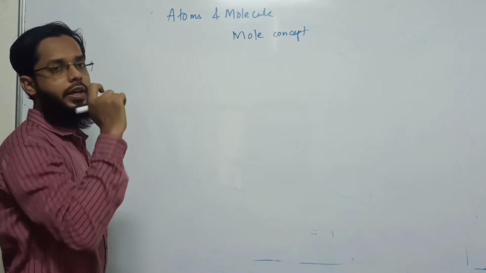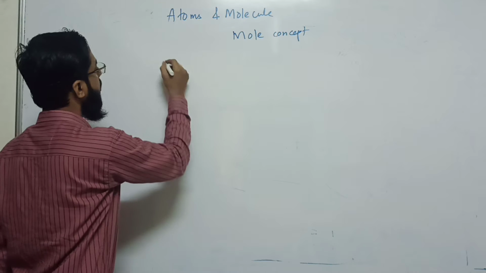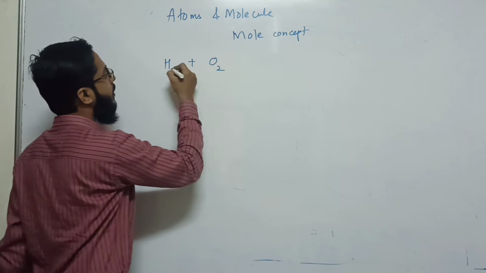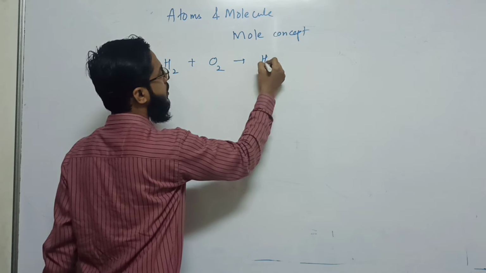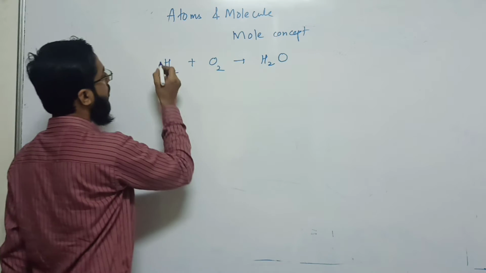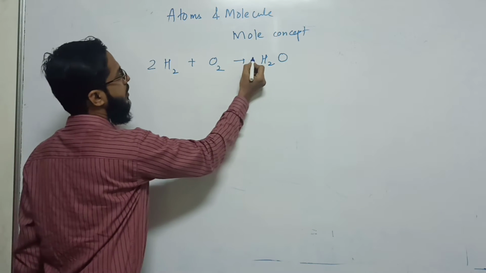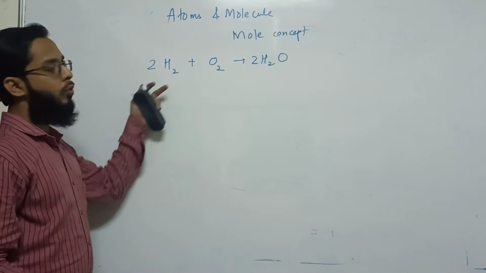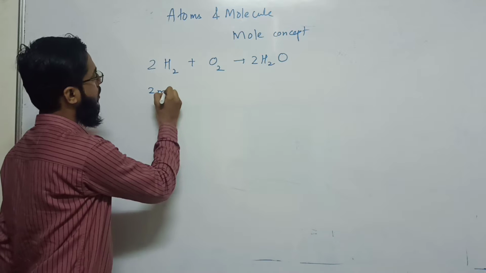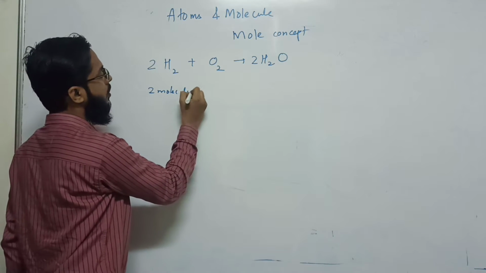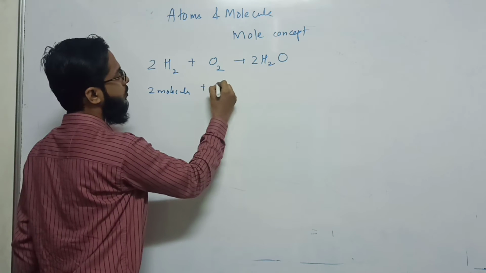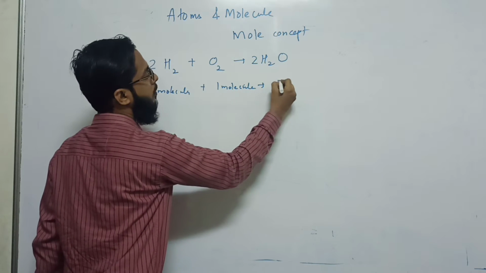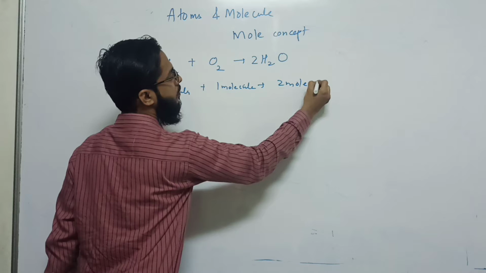So first of all, let's talk about an example like hydrogen gas reacts with oxygen gas to form water. When we balance the equation, we get that two molecules of hydrogen react with one molecule of oxygen to form two molecules of water.